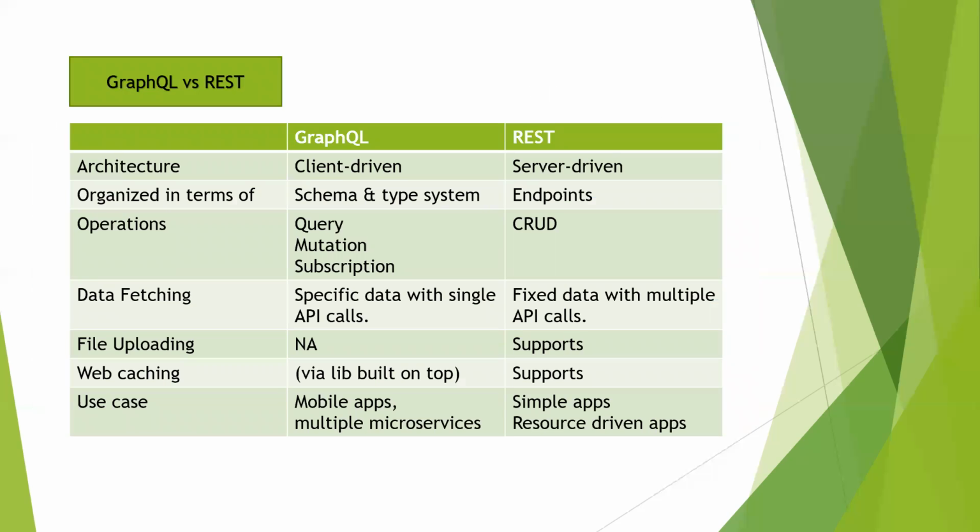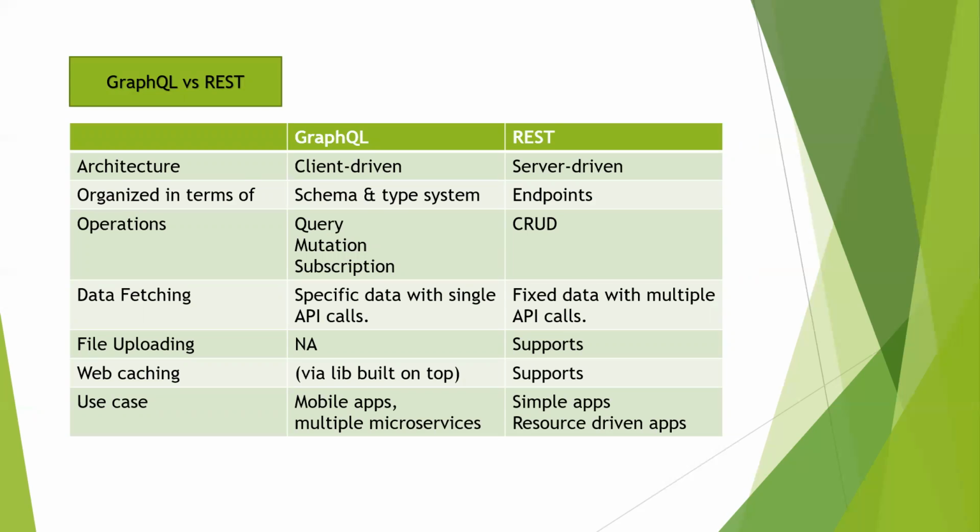So this is the difference between GraphQL and REST endpoints. The first one is the architecture. As we already saw, GraphQL is client-driven, but a RESTful endpoint is server-driven. GraphQL is organized in terms of the schema and type system, but a RESTful API is organized by endpoints. GraphQL supports operations like query, mutation, and subscription, but REST supports the CRUD operations.